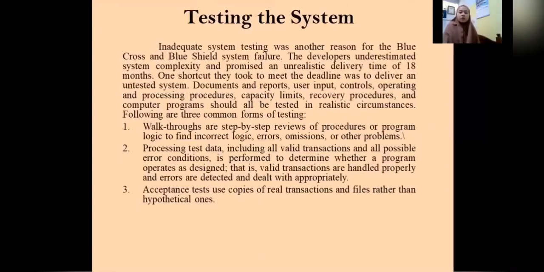One shortcut they took to meet the deadline was to deliver an untested system. Documents and reports, user input control, operating and processing procedures, capacity limits, recovery procedures, and computer programs should all be tested in realistic circumstances. Following are three common forms of testing.